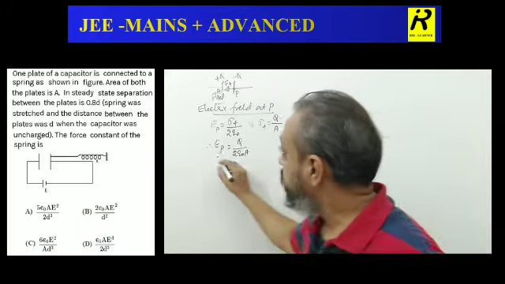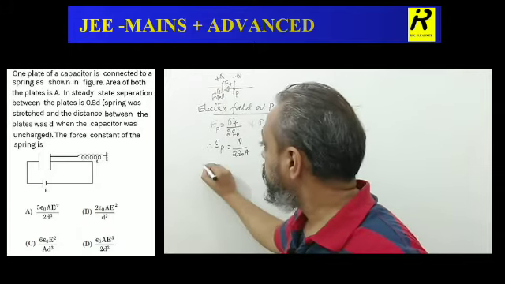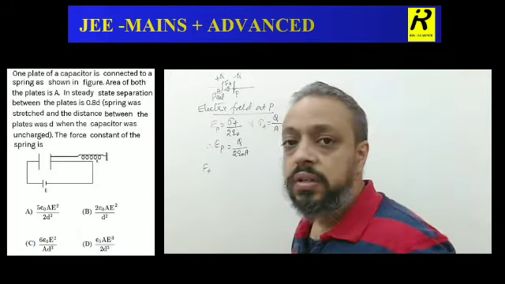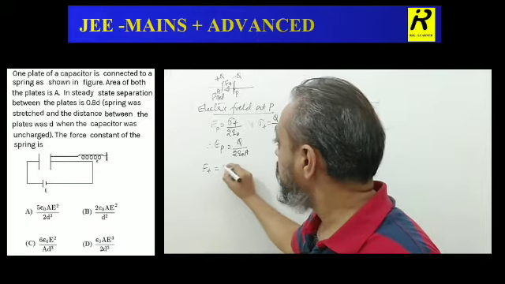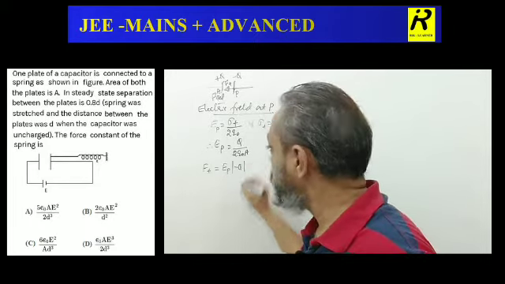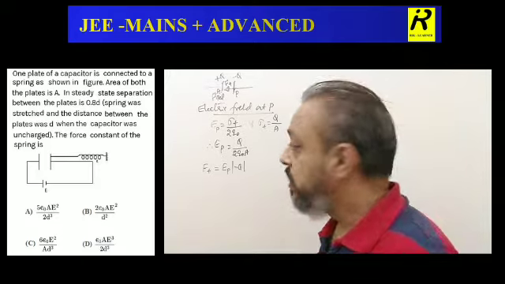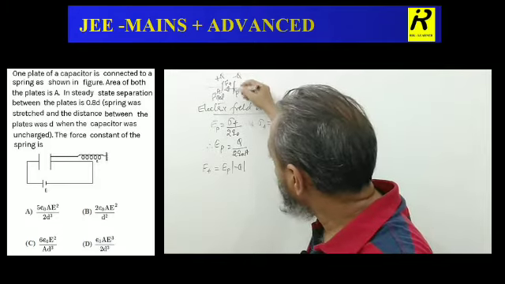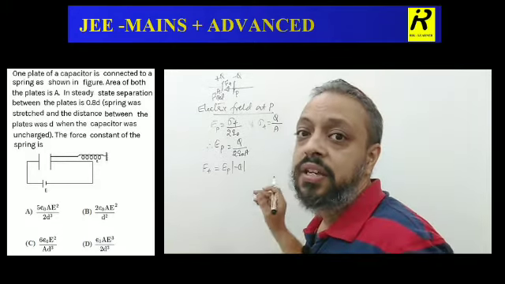Now by definition I can find F plus. F plus is equal to EP into the charge on which we are seeing the force. The amount of charge on this plate is minus Q, and I simply consider the magnitude.